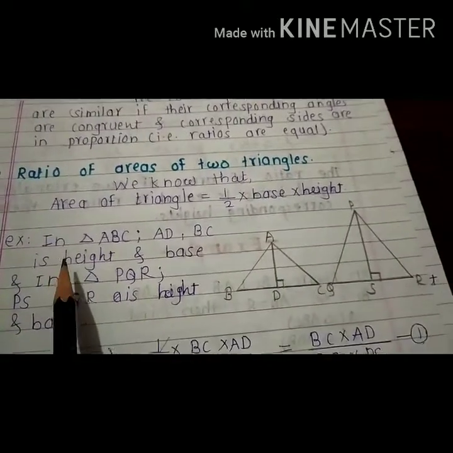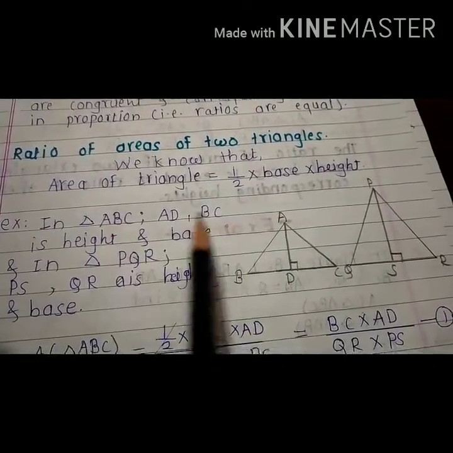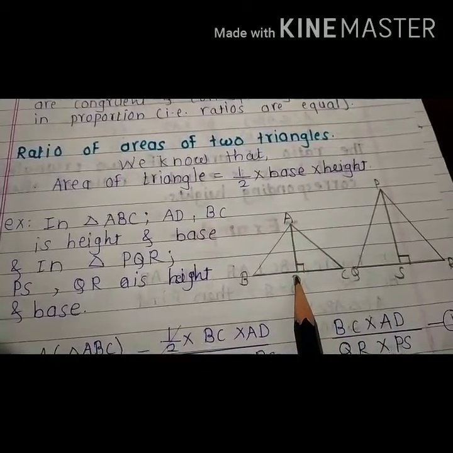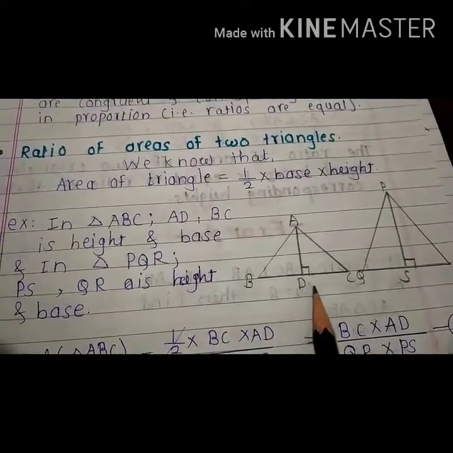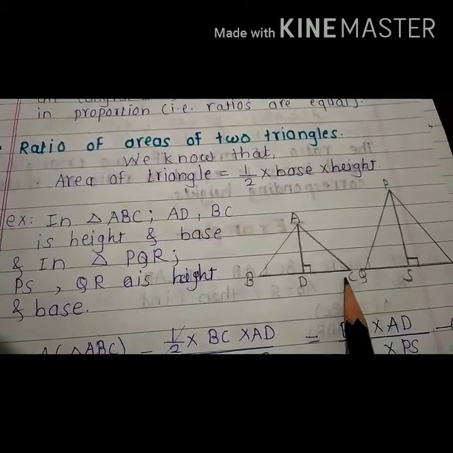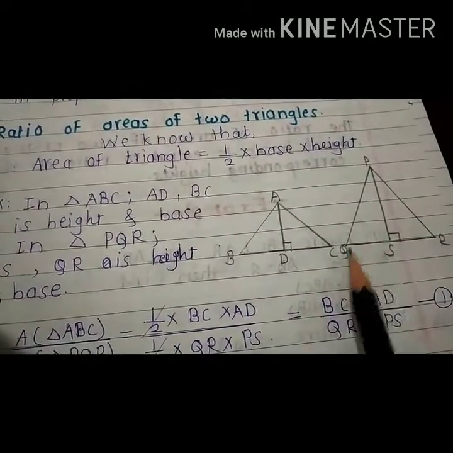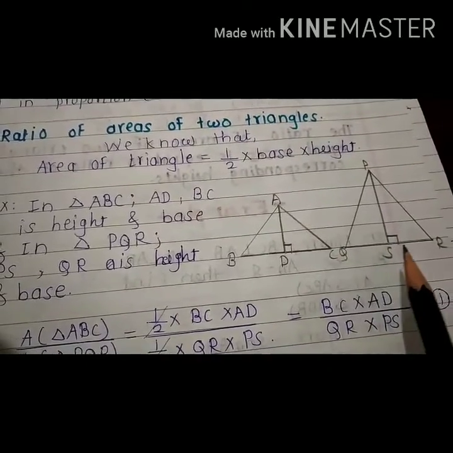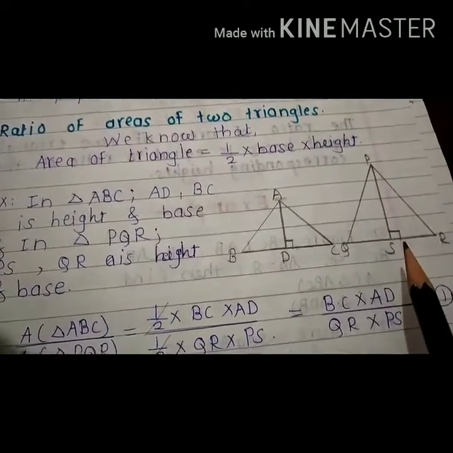For example, we take triangle ABC in which segment AD is the height and segment BC is the base. In triangle PQR, segment PS is the height and segment QR is the base.